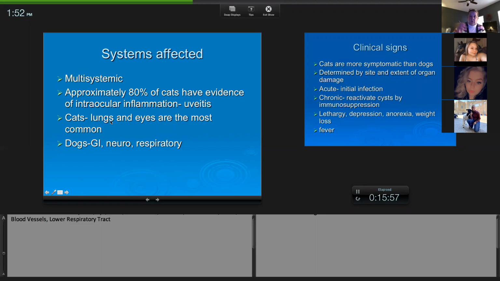So if there are enough cysts in the lungs, theoretically coughing, they might notice some scarring if they take a radiograph. And again, it can look like other illnesses. But in dogs, they tend to get more GI effects, neurologic effects, but it can affect all of these different organs.